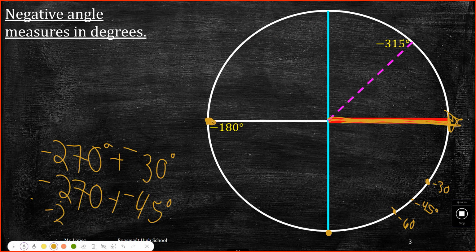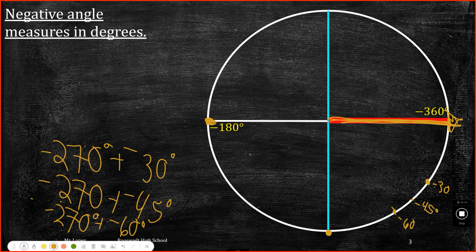Negative 270 plus negative 60 will be negative 330. And negative 360, going all the way around.